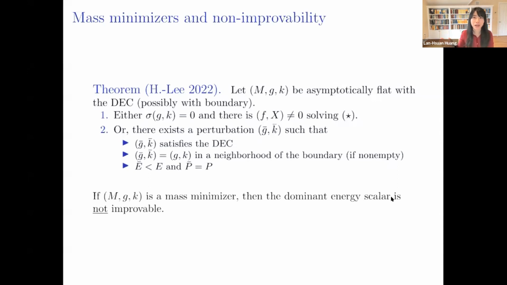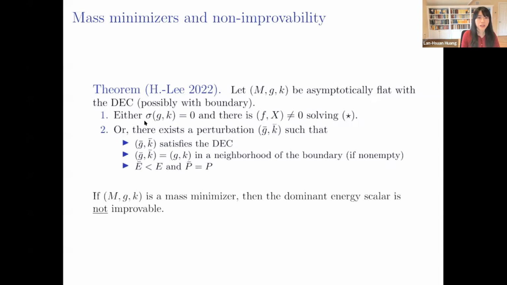Then we can say a lot about the other structure of the initial data set, right? So here the theorem is a general theorem which will imply this observation. It says if we have an initial data set which is asymptotically flat and with DEC, it can have boundary or be without boundary.